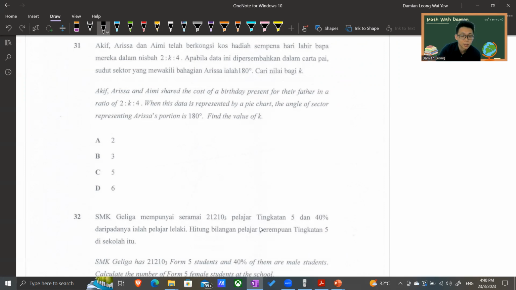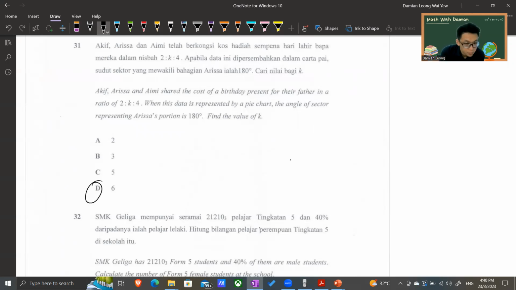Arisa is the k part. 180 degrees means half of it. The rest is split between Akif and Aimi. So basically half of it is 180. The other half is the 2 parts and 4 parts, means k straight away I know is 6.